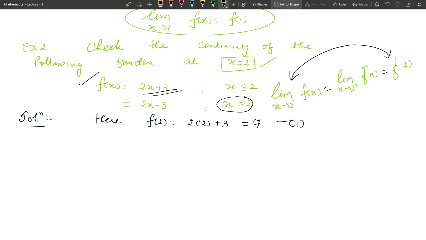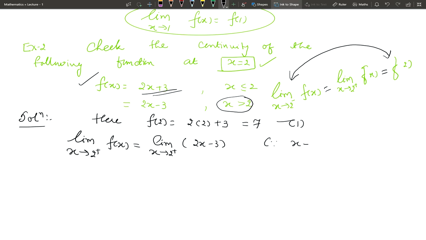Now to evaluate this part of the definition, x greater than 2, naturally one has to evaluate the right hand side limit. So let us evaluate the right hand side limit. Limit x tends to 2 plus f of x is 2x minus 3. We give the reason. This is the right hand side limit.